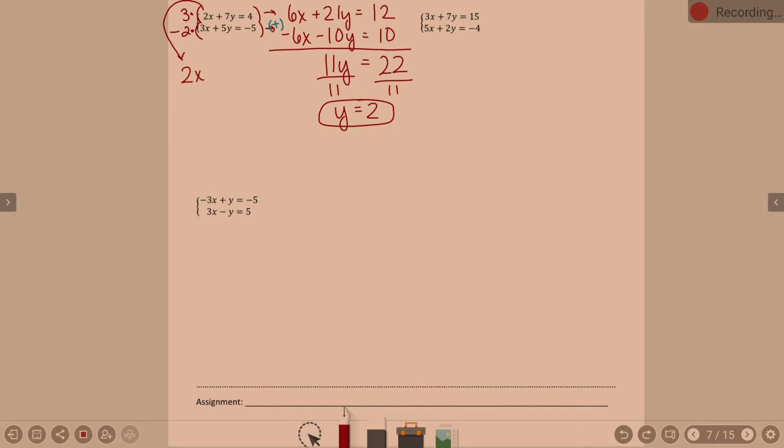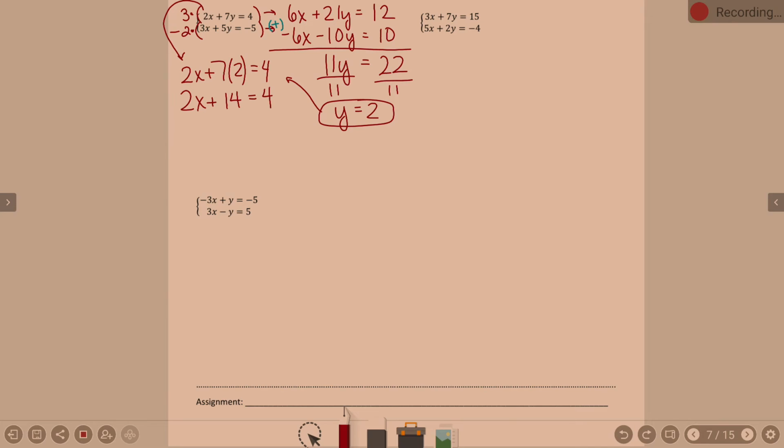So 2x plus 7y, except my y is 2, equals 4. 2x plus 14 equals 4.